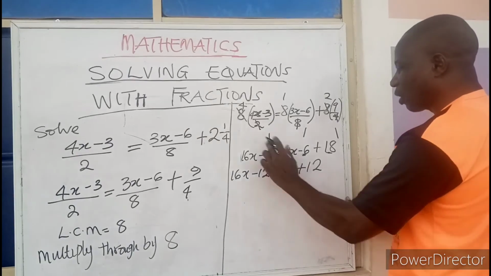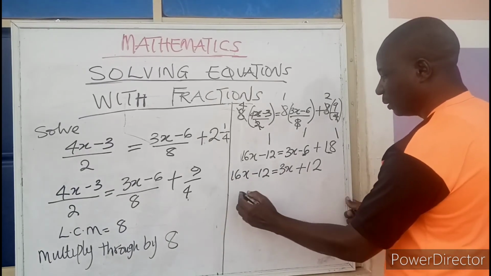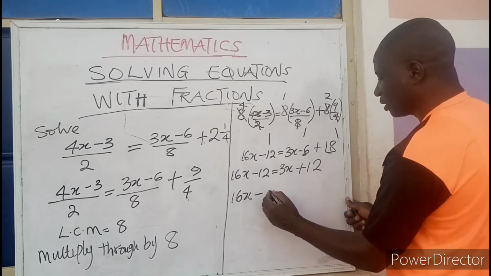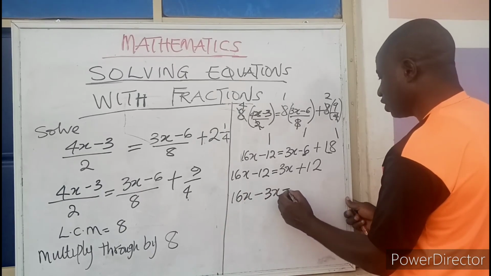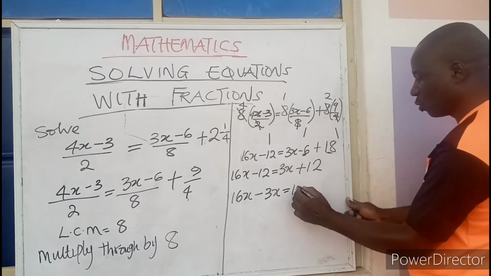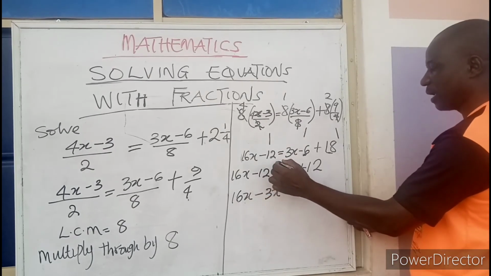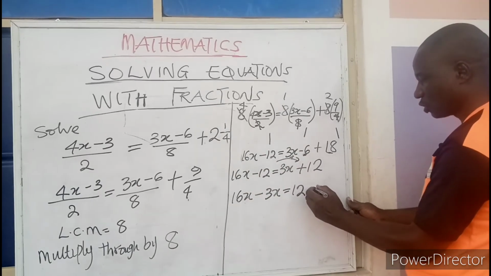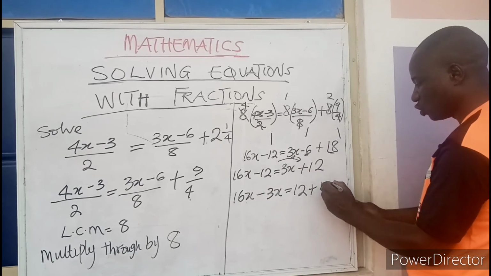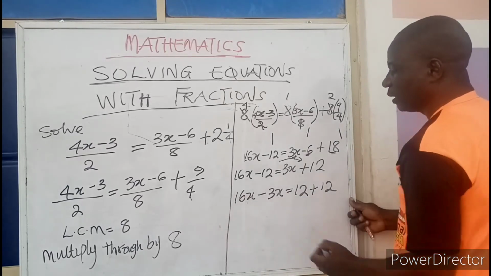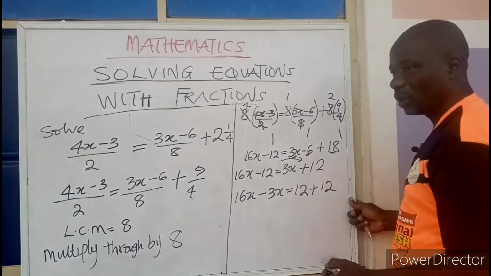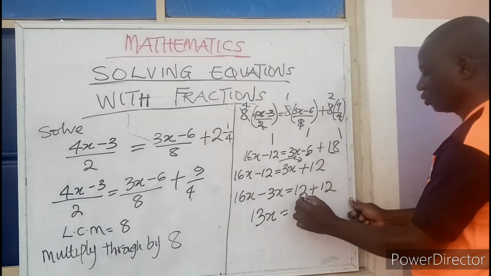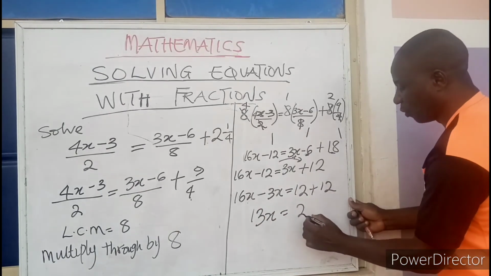Now, if this one comes here, we collect the like terms. 16x minus 3x is equal to, this is 12. If this one comes here, it becomes plus. So this one is going to be plus 12. If I take away 3 from 16, what do I have? I have 13. 13x is equal to this plus this, that is 24.